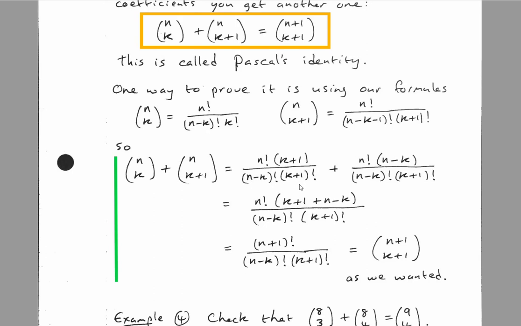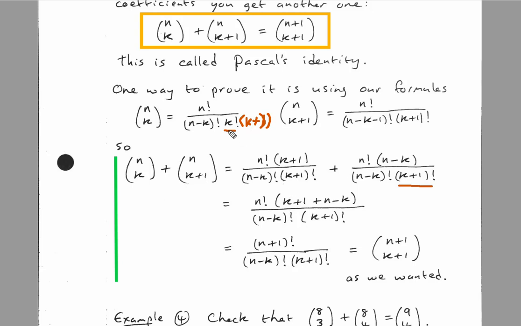We're adding fractions, so we want a common denominator. So we have a k plus 1 factorial here, and a k factorial for the first one. So it's easy to go from k factorial to k plus 1 factorial. Just multiply by k plus 1.